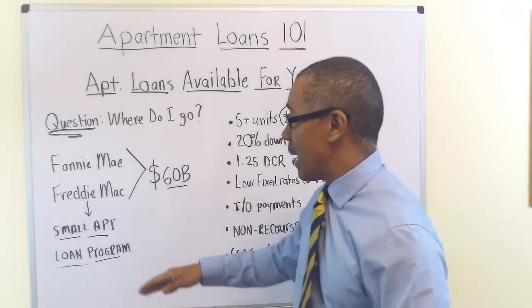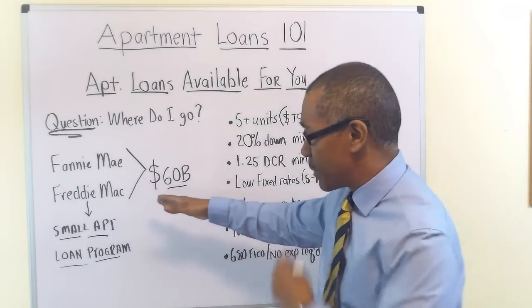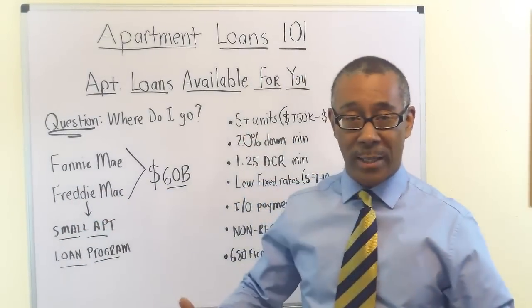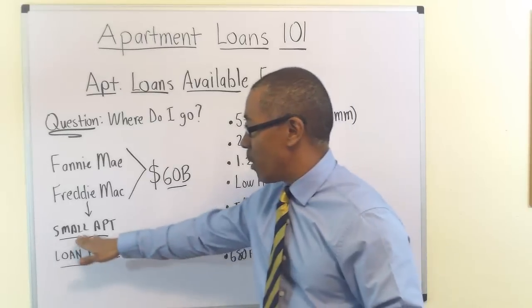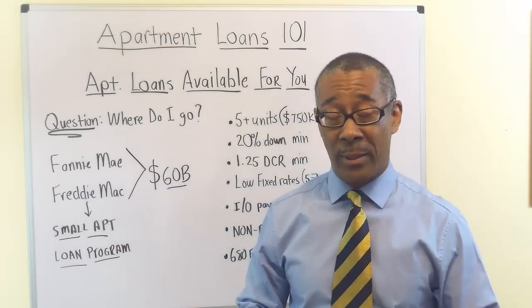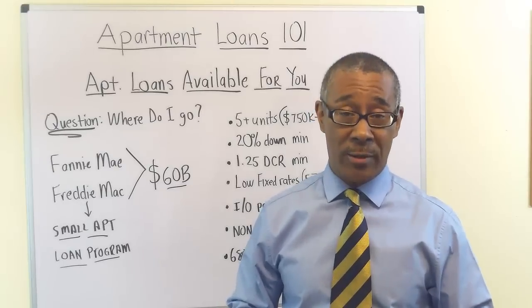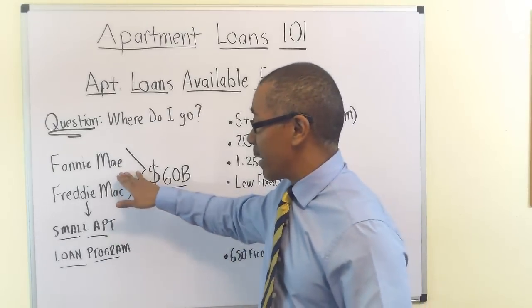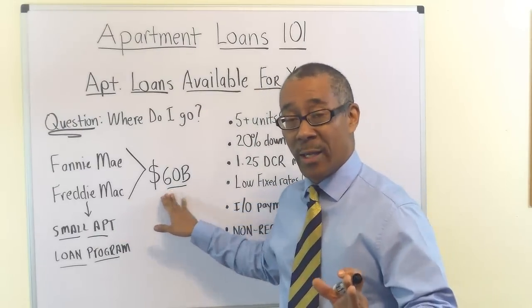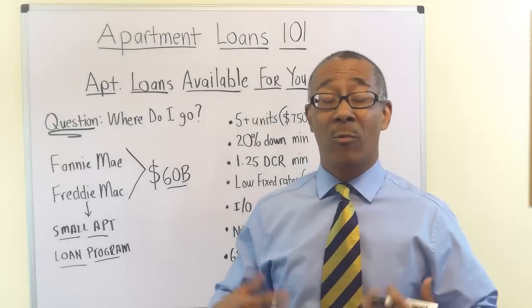All right. The first two options are what I call Fannie Mae and Freddie Mac loan products. They have what we call a small apartment loan program. It's very popular, and they're being very aggressive this year. In fact, Fannie Mae and Freddie Mac are going to do this year $60 billion worth of loans.